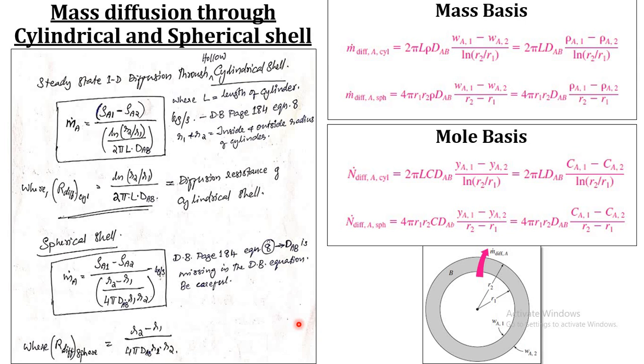Finally, if we reduce the general mass diffusion equation to steady-state one-dimensional diffusion through a hollow cylindrical shell of inside radius R1 and outside radius R2, with mass fraction WA1 at the inside wall and WA2 outside, the diffusion of species A through the cylindrical wall of species B will be mA equal to (rho A1 minus rho A2) divided by ln of R2 by R1 by L.